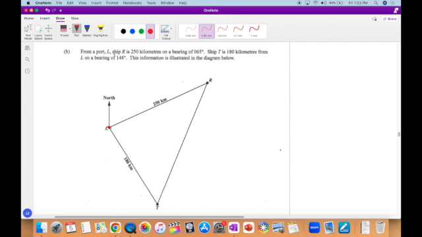Okay, so we're going with bearings now. From a port L, so we see an L here, the ship R is 250 kilometers on a bearing of 65 degrees. So this R here, 250 kilometers, and that bearing of 65 degrees is taken from north. So this is 65 degrees here. The ship T is 180 kilometers from L on a bearing of 148. So for ship T from the north, this entire green angle is 148 degrees. This information is illustrated on the diagram below.